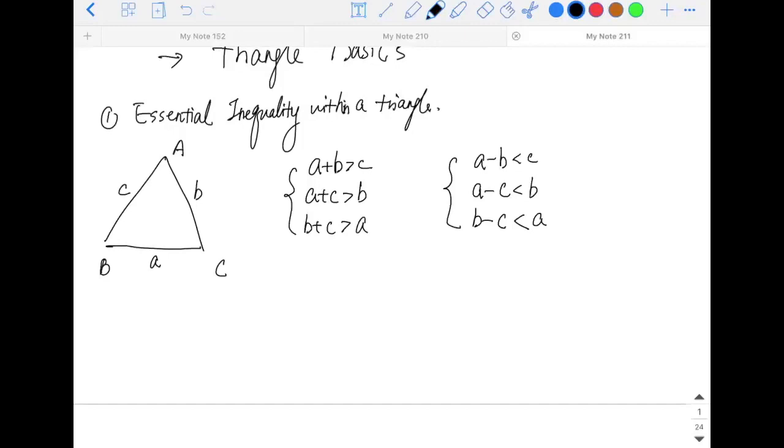Why I'm asking this question is because one day I might give you a triangle and ask you to list out all those inequality relationships. Do you really have to list out all 6 different inequalities? Or can you ignore some because they can be derived from the others? This is my question.